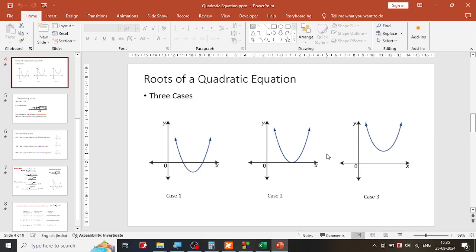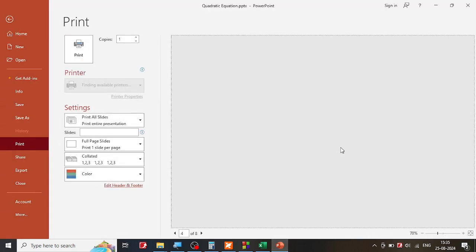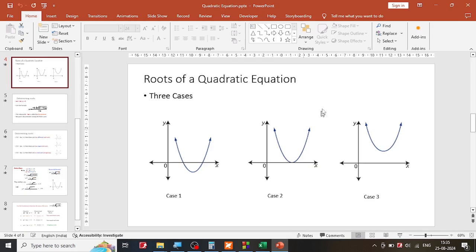Whenever you are thinking about a complex number, suppose you are writing complex number c is equal to real term plus the imaginary term.